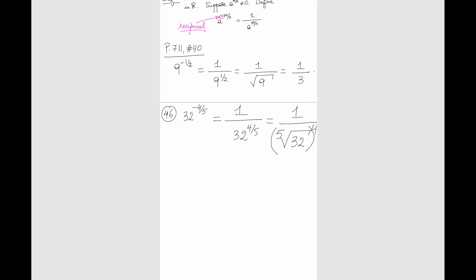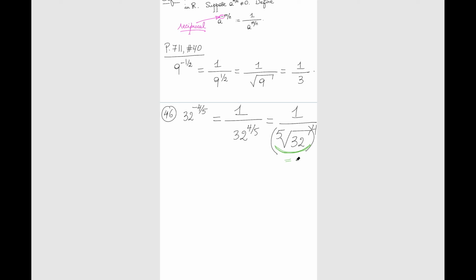And what's the fifth root of 32? The number inside the parentheses is a number such that once you take its fifth power, you pick up 32.